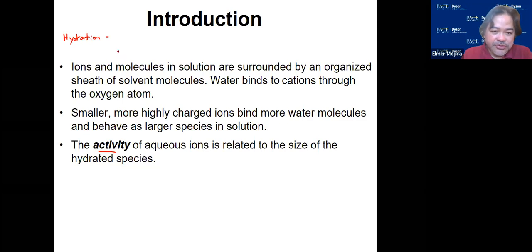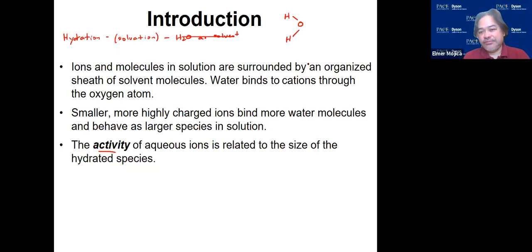Hydration is synonymous to solvation, but when we're talking about hydration, we have water as solvent. So if we have water as the solvent, what do we know from your Gen Chem 1? So this is your partially negative end, and this is your partially positive end.